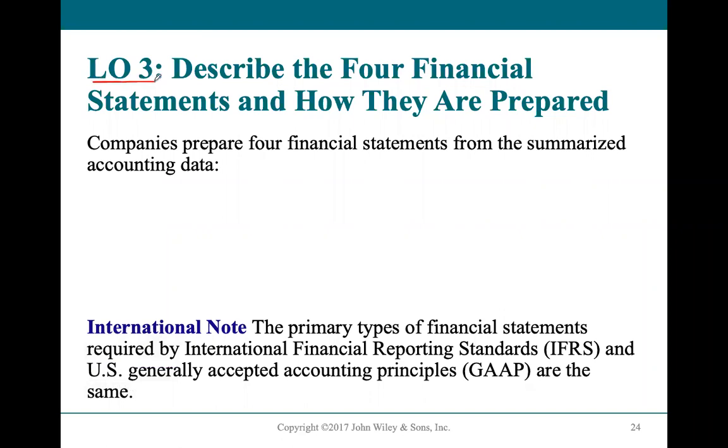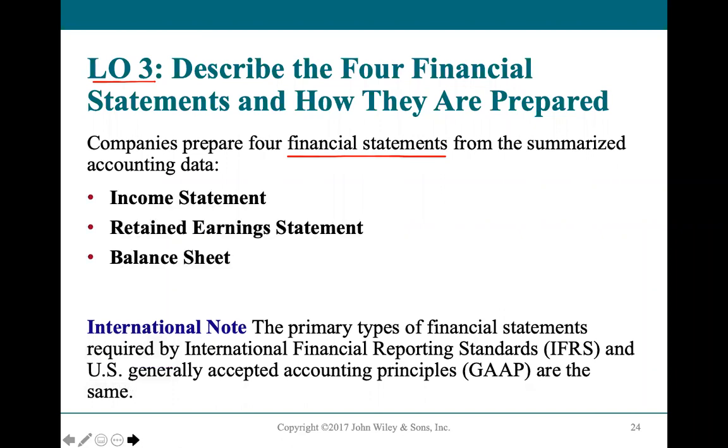So Learning Objective 3 looks at the financial statements, and it's very, very important that you know these financial statements. Of course, there are 4 of them. We're going to be focusing in on 3 in this particular course in detail. The first 3 that you see listed here are the ones that are going to be the focus of this course.